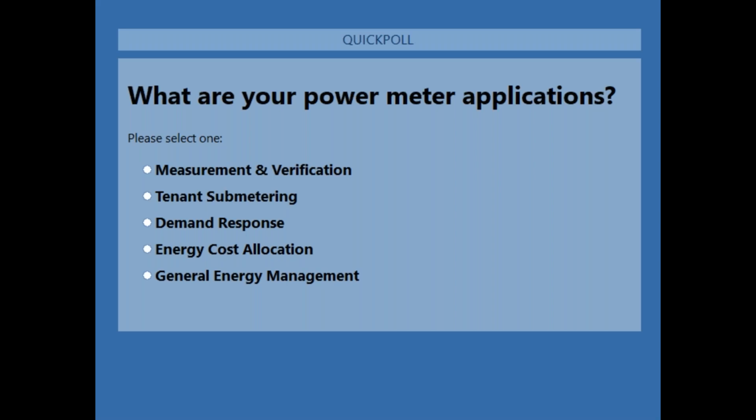So Mike, as that poll is going on, why don't I begin by asking this first question. If my voltage source is greater than 600 volts, can I still use this power meter? You can, yes. There is a way to step down that voltage so it's compliant with the ceiling of 600 volts for the meter.